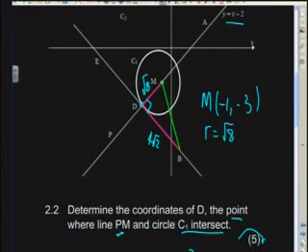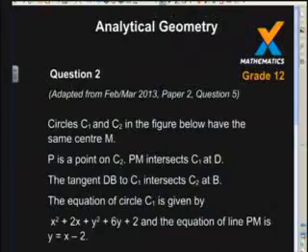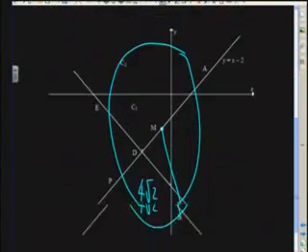So now we can use Pythagoras to work out the length of MB, because MB is obviously the hypotenuse of triangle MDB. Okay, so let's write all of that down.